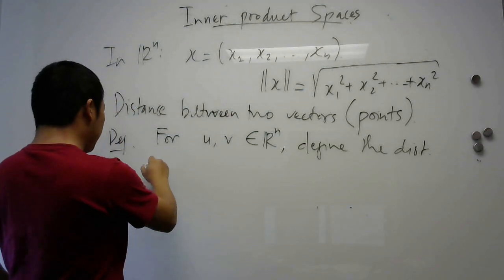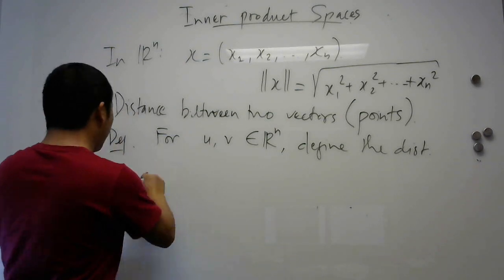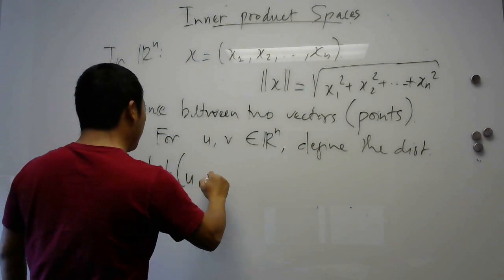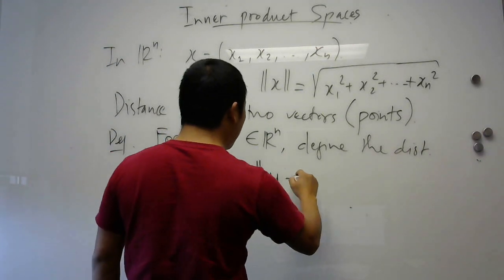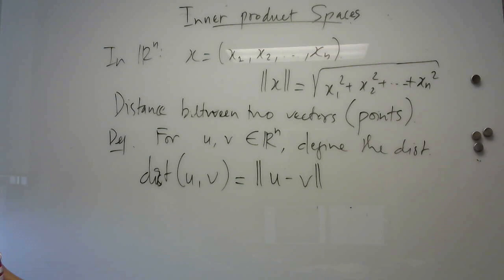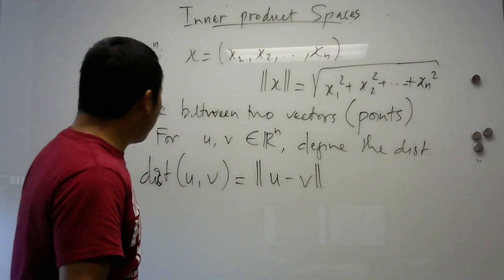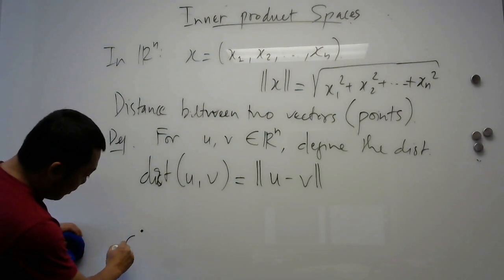between u and v. I write distance of u and v, that is just the norm of u minus v. So what's that? Look at this triangle. Here's the origin.